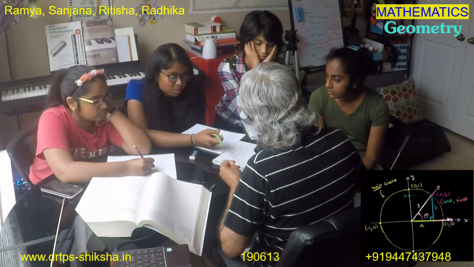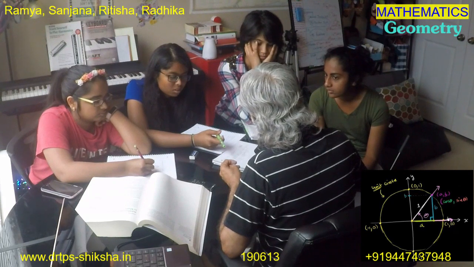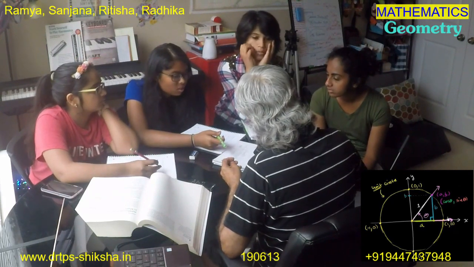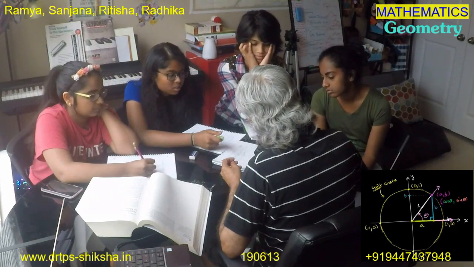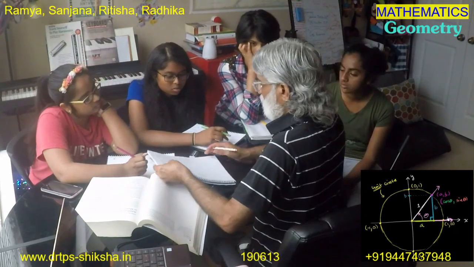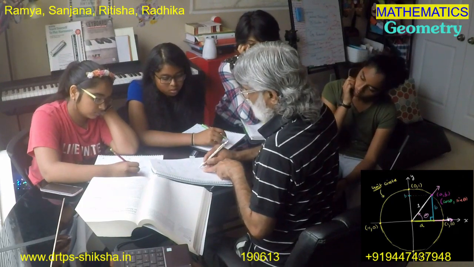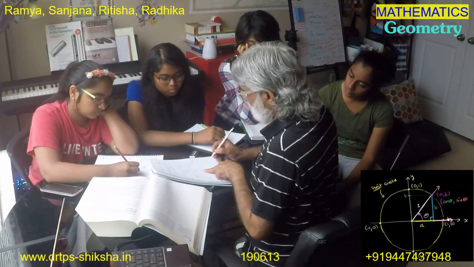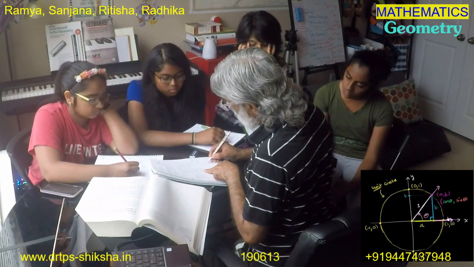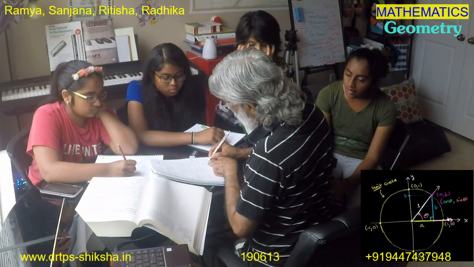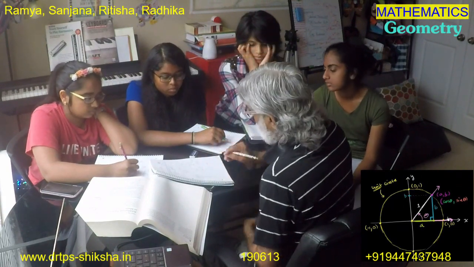Opposite side by hypotenuse. So this is h by r. When theta is equal to 0, sine 0 is equal to what will it become?